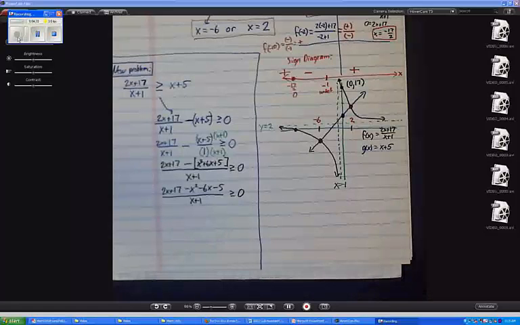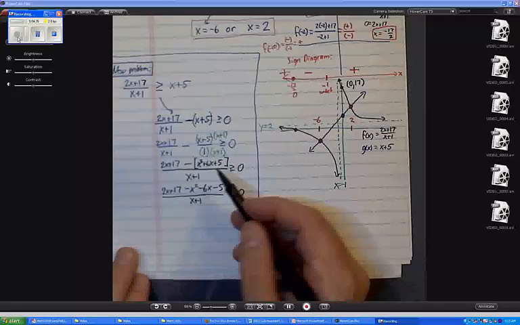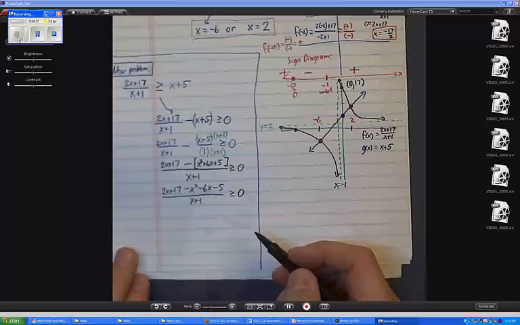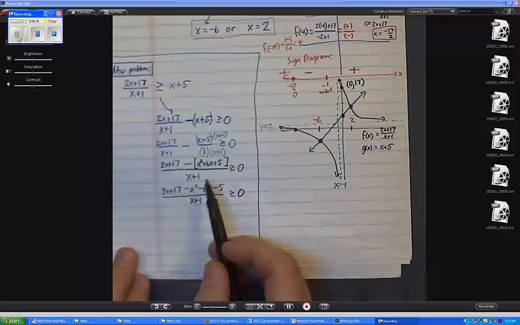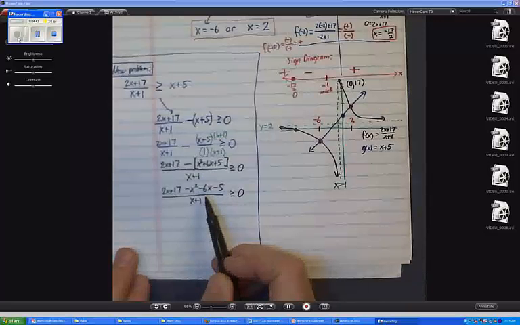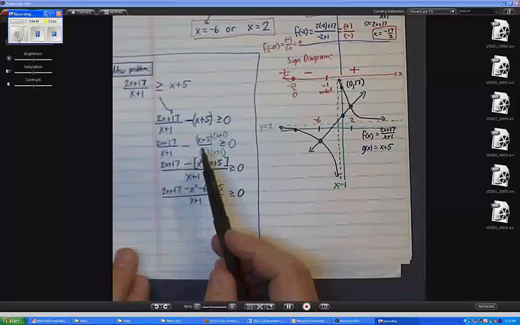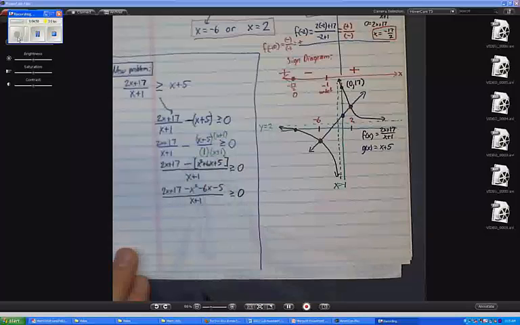So I'm going to get, well, it was plus 6x, but now I had to do what? Distribute that negative. You see that? So that's why I kept the x plus 5 kind of in parentheses, is I wanted to remember that I'm going to have to distribute that negative. All right, so let's see where we're at now.